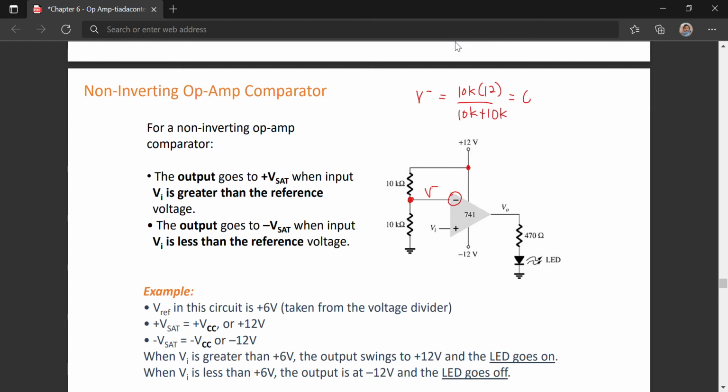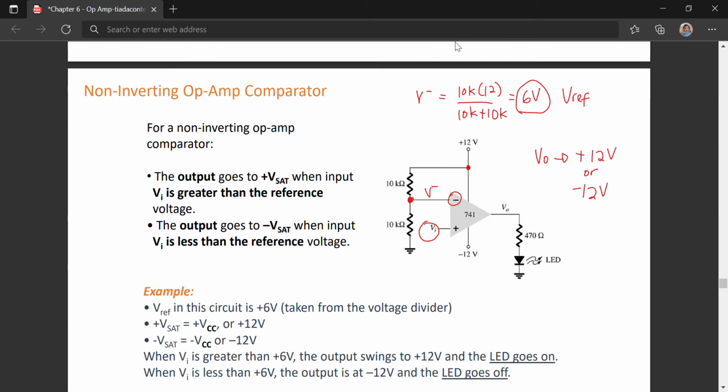So here you will get 6 volt. Therefore you know that your circuit here is comparing 6 volt with Vin. So this is your Vref. You compare with Vin. And your Vout will be equal to either plus 12 volt or minus 12 volt.